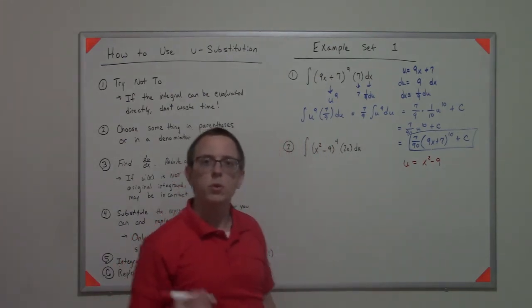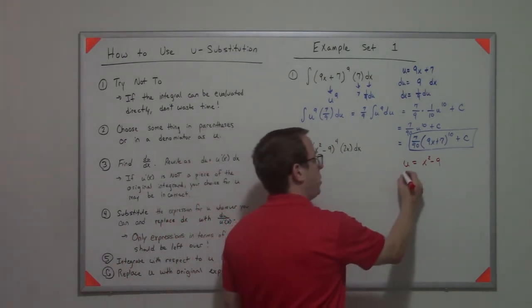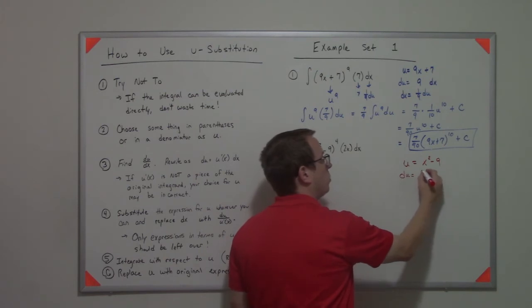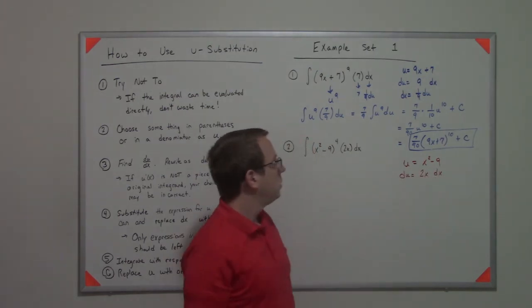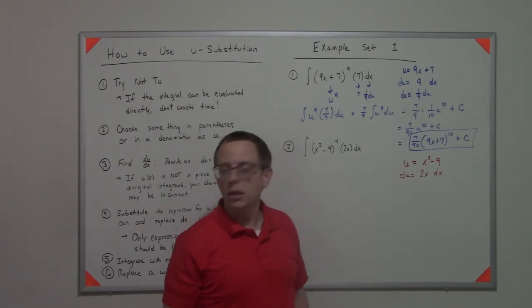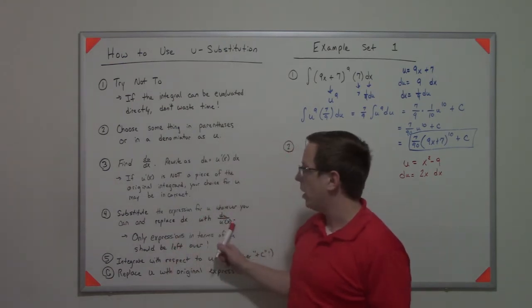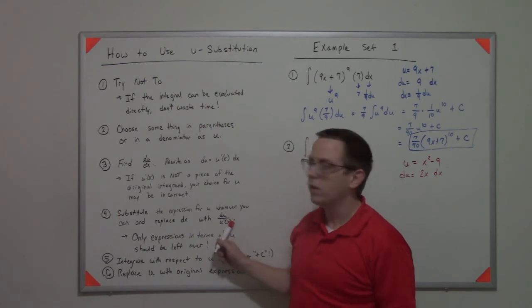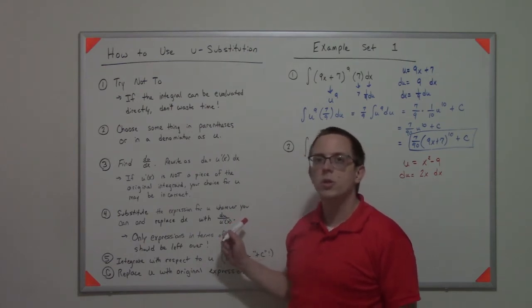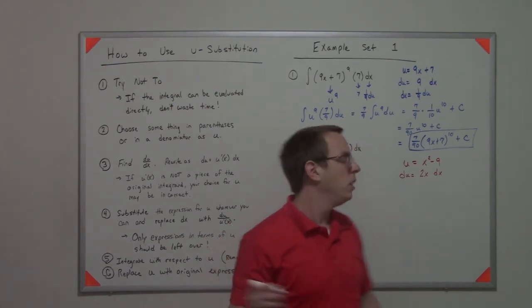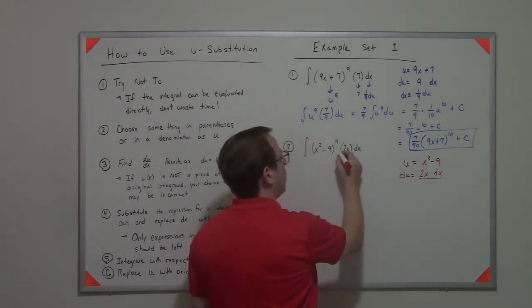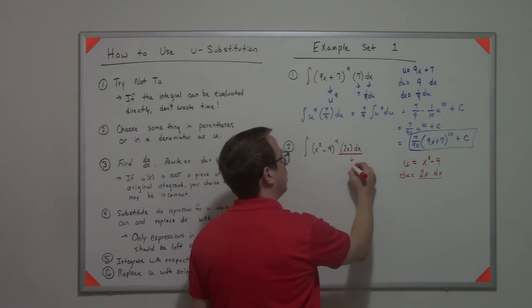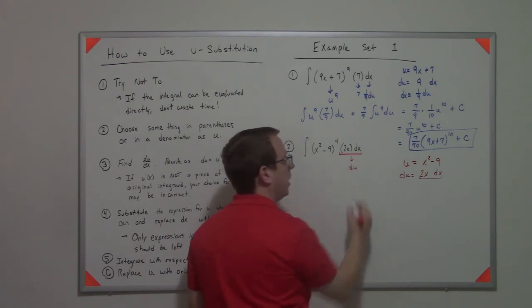So then what we do is find the derivative. We say du equals 2x dx. I could do it this way, and that's perfectly fine too, but I want to show you a slightly alternate way since we're already doing it, which is that since I know what this is, I get that.